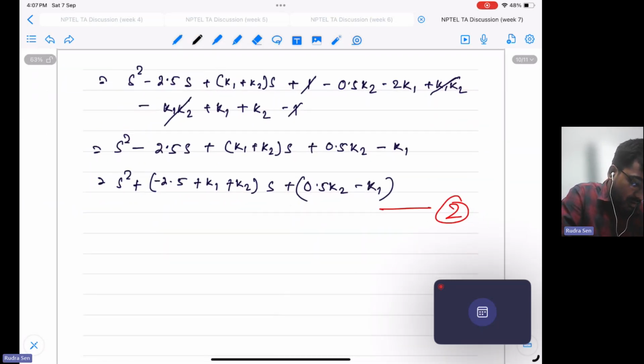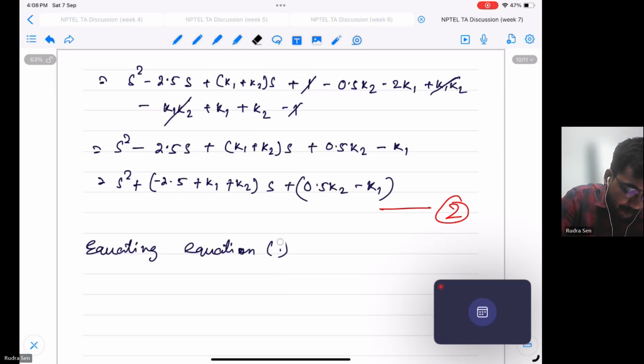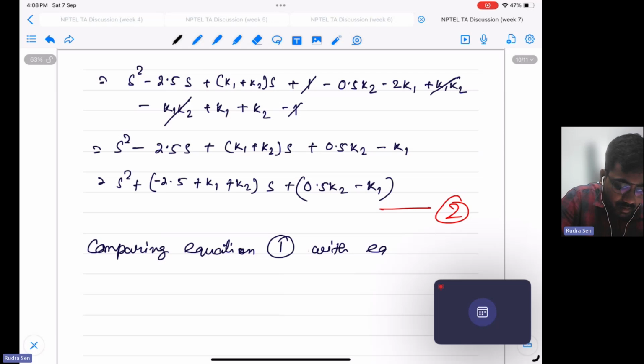Now comparing equation 1 with equation 2.